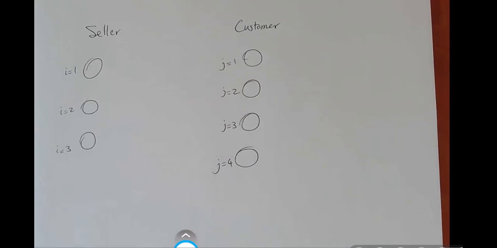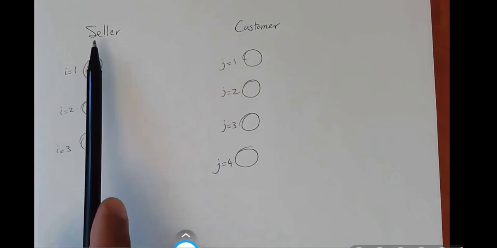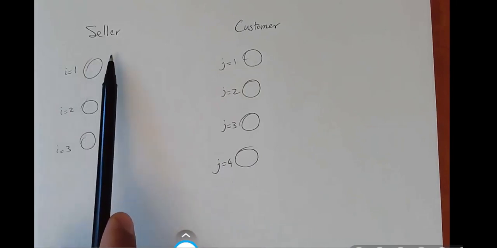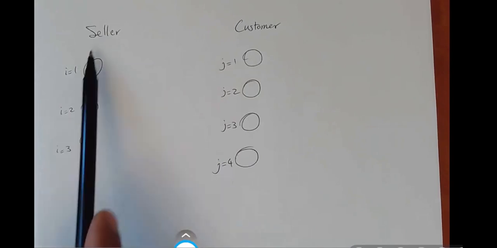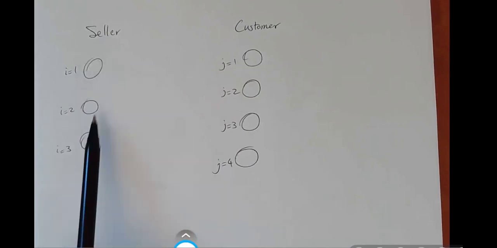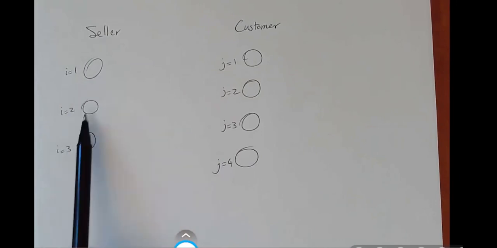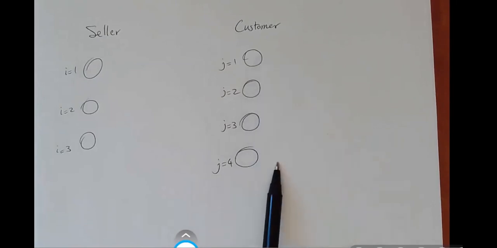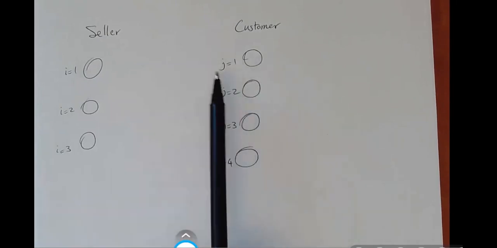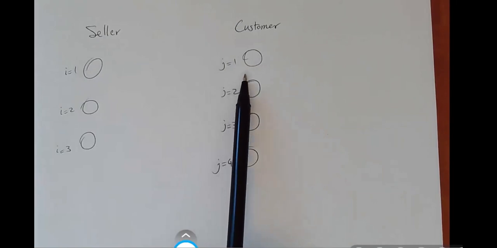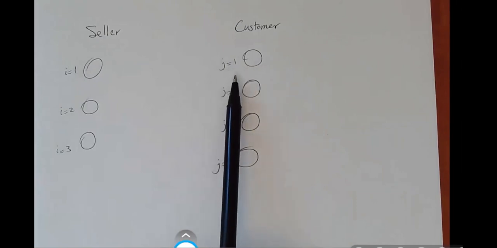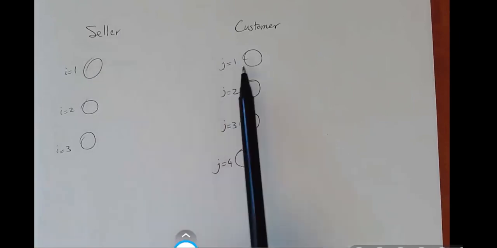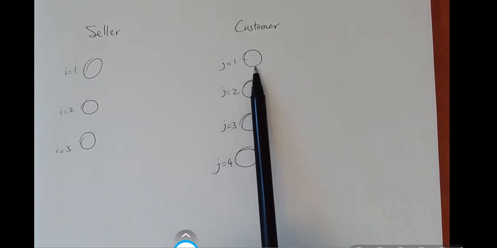All right. So there is a certain amount of product stored by each one of these sellers at their warehouses, for example, warehouse number 1, warehouse number 2, warehouse number 3. And then each customer on the other side has a specific amount of demand for that product. Now think of this customer 1. Let's say customer 1 needs 100 units of product.